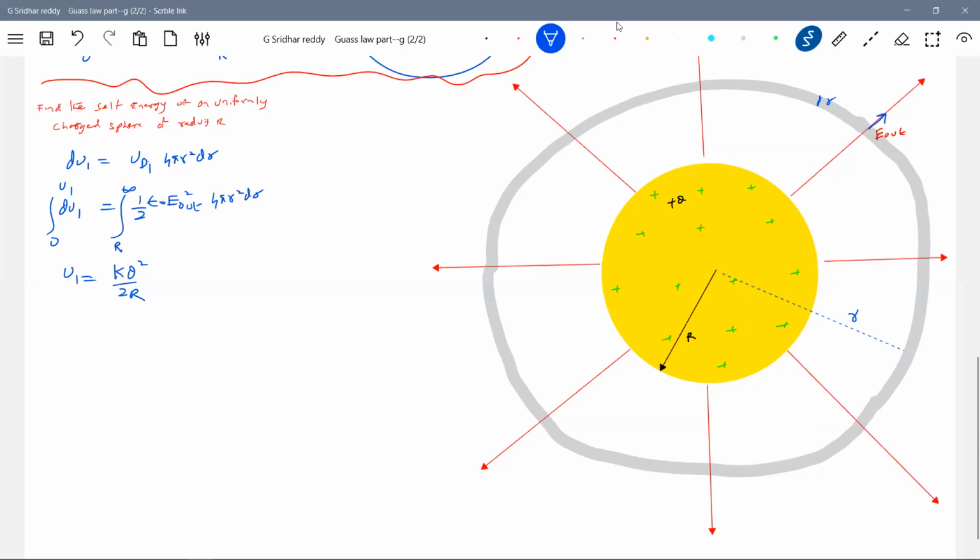The same formula. For uniformly charged sphere or conducting shell, what is the field outside? Kq by r square. Now, what is E out formula? What about E in formula? Kq r by R cube. Hope you can remember, today we have derived in the first session.